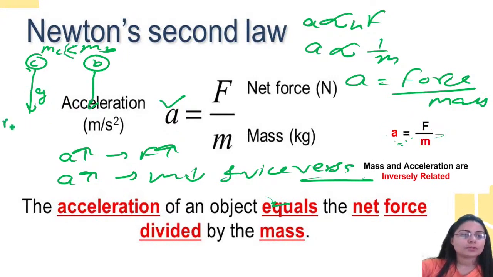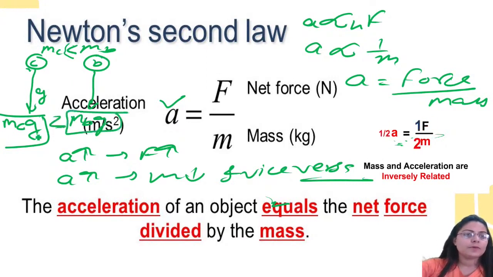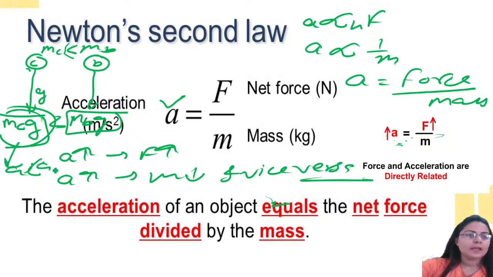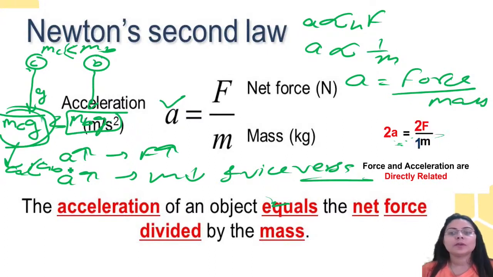Then the overall force, m_c g, is very much less than m_b g. So if this force is lesser, the acceleration caused in it will be lesser than the acceleration in a baseball. This is how you can calculate different things.